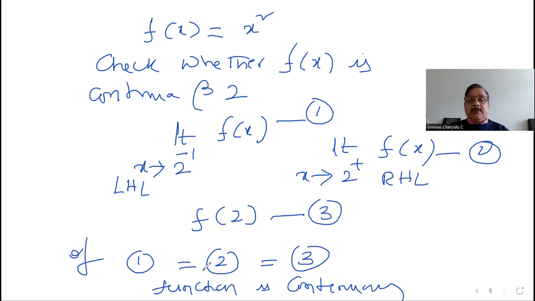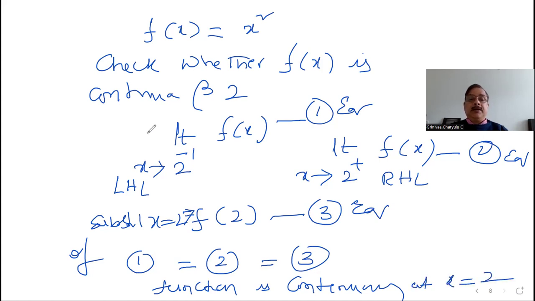And then all three, that is the function value f of 2, we have to finally substitute x is equal to 2 and get f of 2. That is the third equation. So if 1 is equal to 2 is equal to 3, then we can say that the function is continuous at x is equal to 2. All the three equations should give me the same result.